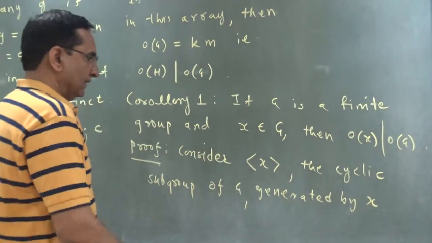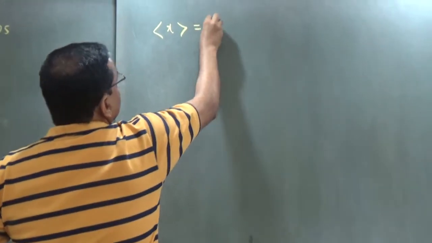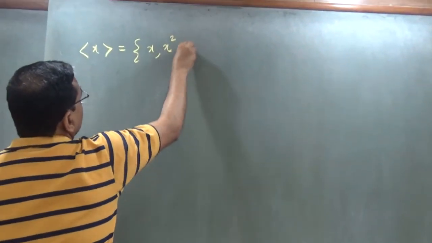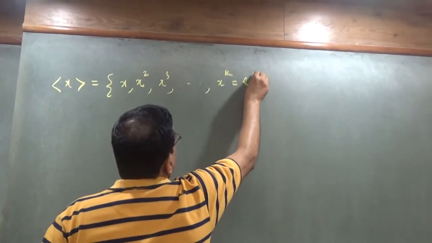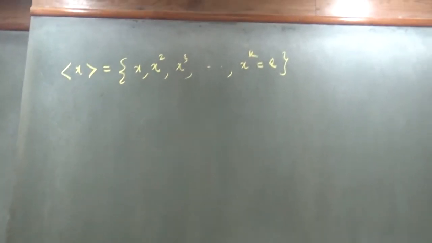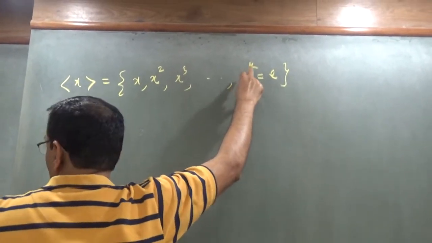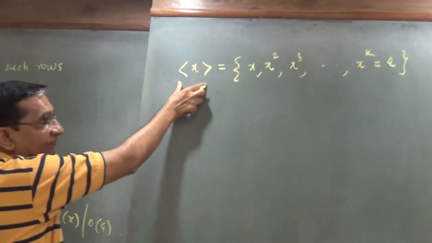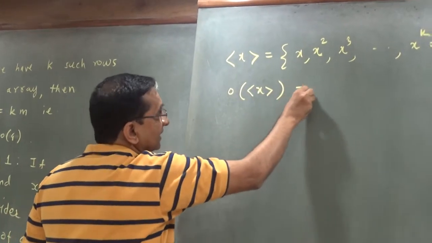Suppose the order of x is k, then this subgroup looks like x, x square, x cube, up to x to the power k, which is the identity. The order of this subgroup is exactly k.